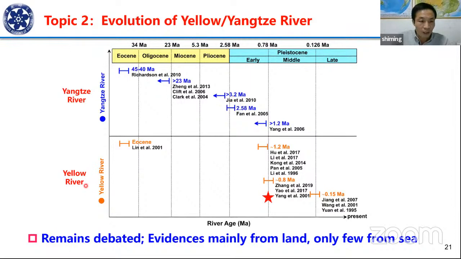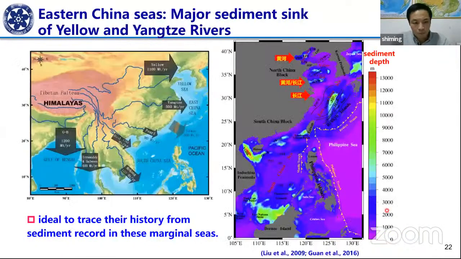In contrast, the Yellow River seems much younger, with most ages focused on the middle Pleistocene, about 1 million years. Notably, most of these results came from continental records, and only very few from marine sediment.